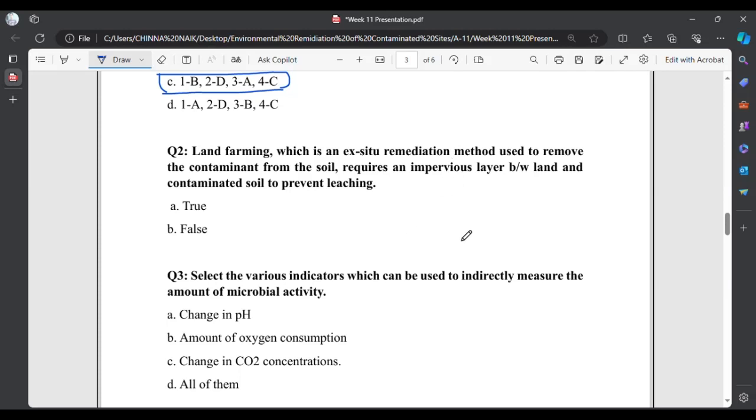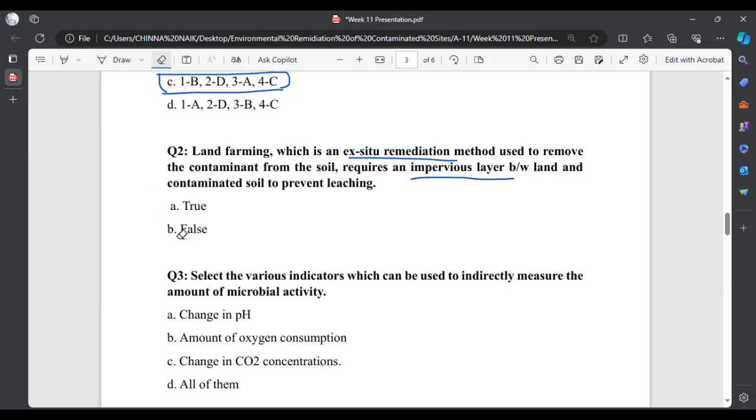Yes, it is true, because we don't want the contaminant to leach from the soil into groundwater or such. So for that we have to provide an impervious layer, because it is an ex situ remediation method. So the answer for this question is true.